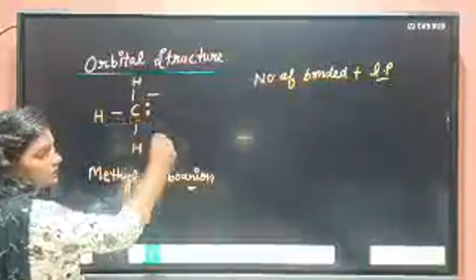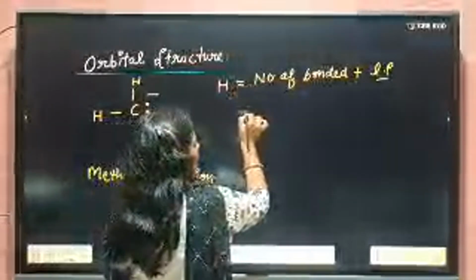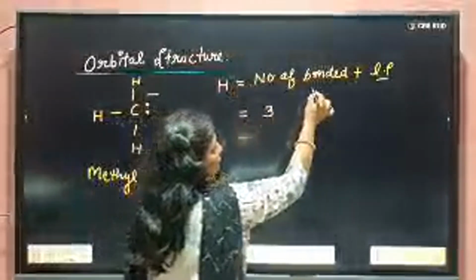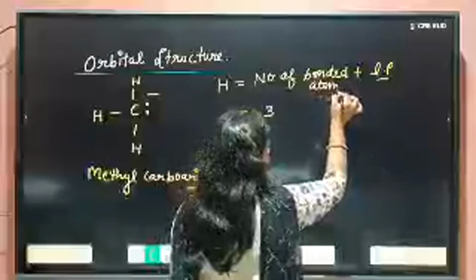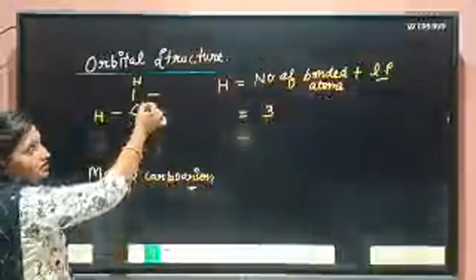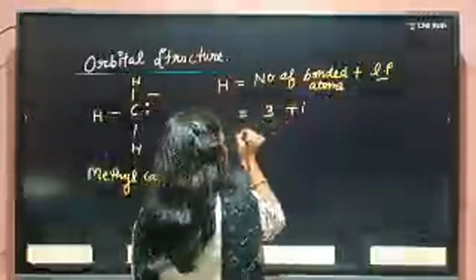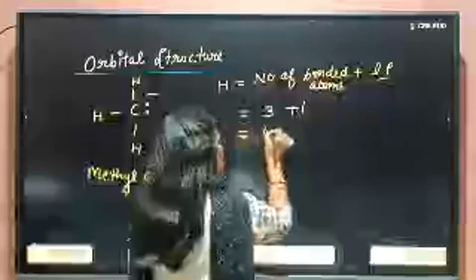So students, how many bonded atoms are there? 1, 2 and 3. So there are 3 bonded atoms plus 1 lone pair. So 3 plus 1, 4.